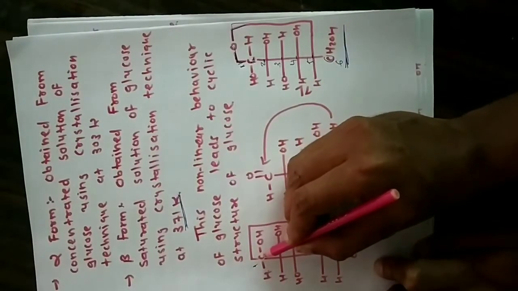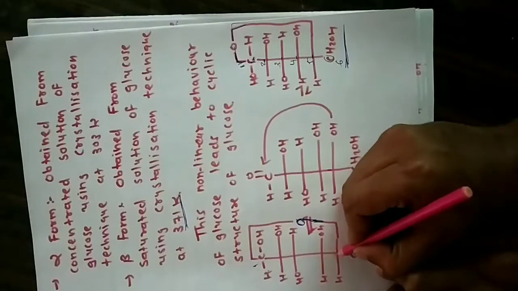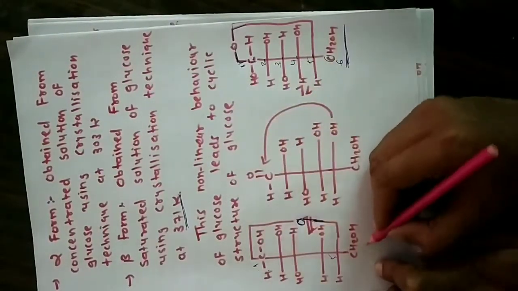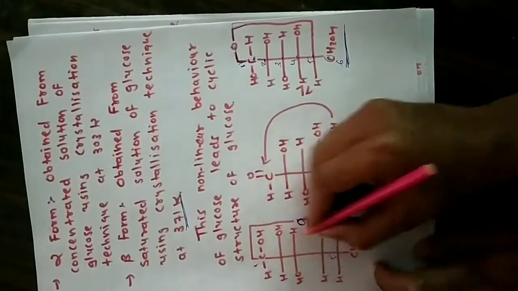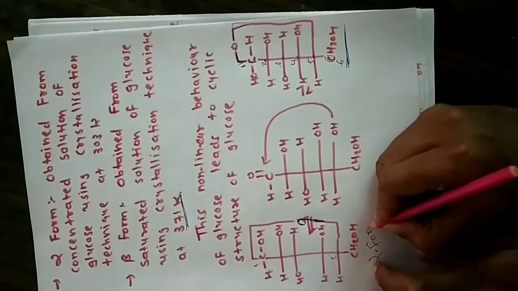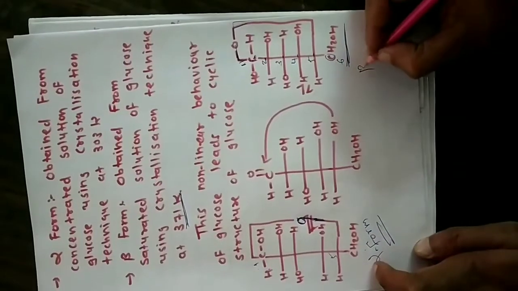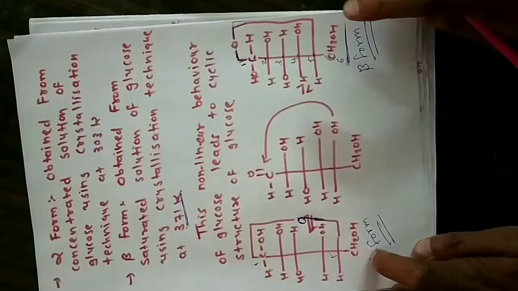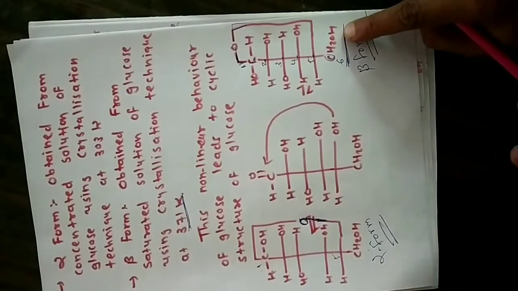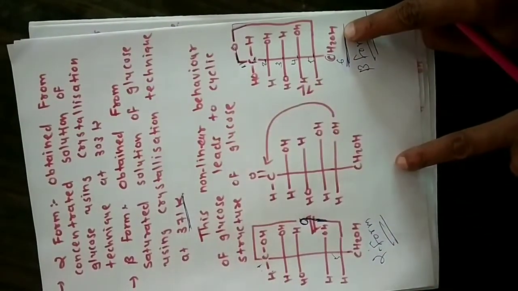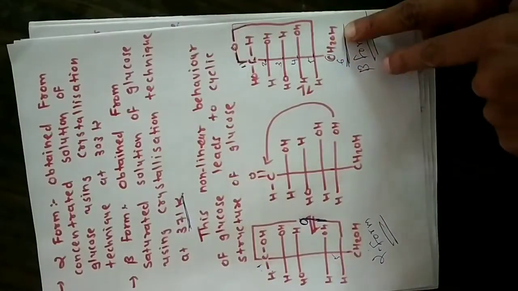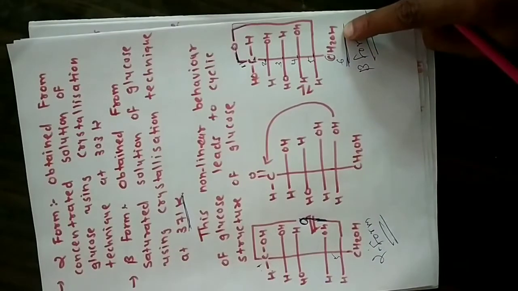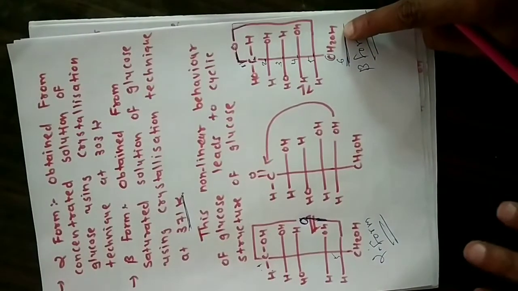Here also between carbon number 1 and carbon number 5 an ether linkage is there, and this is called the alpha form of glucose, this is the beta form of glucose. Okay, so there are three structures possible for glucose. First, the linear structure, then the cyclic alpha structure, and the cyclic beta structure. A total of three structures are possible in glucose.